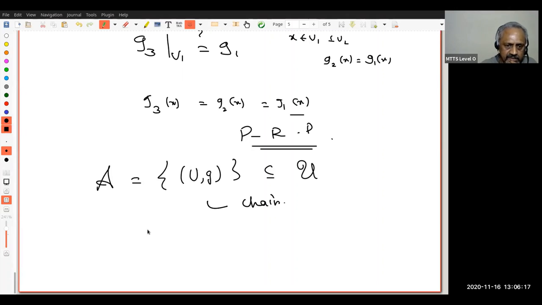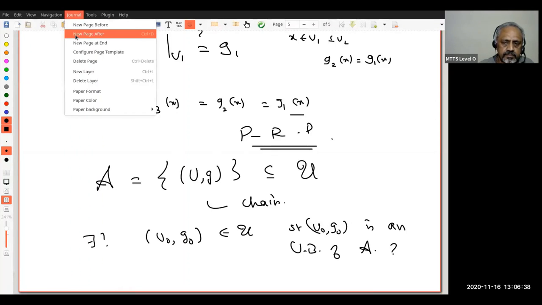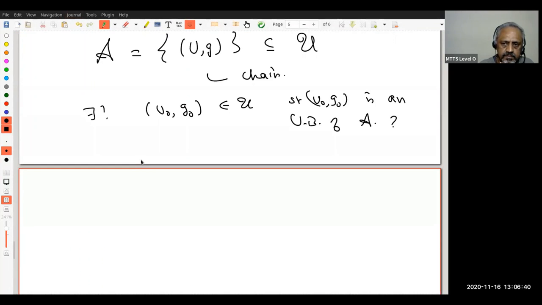I want to know whether there exists, let us call u0, g0, in script U so that u0, g0 is an upper bound. Yeah. Okay. In particular, what should happen? For every u in script A, u must be less than or equal to u0. Right? If such an upper bound exists, this must happen.